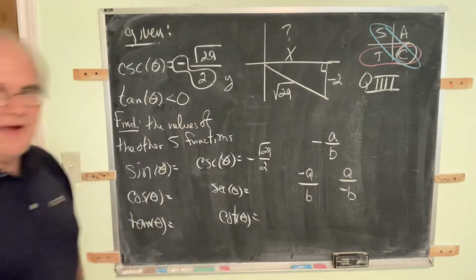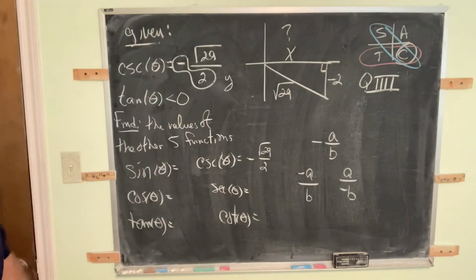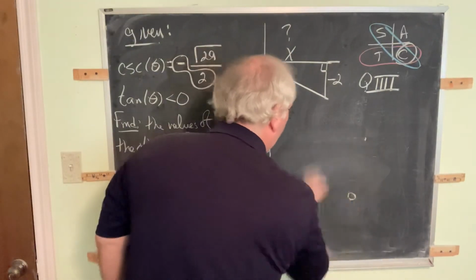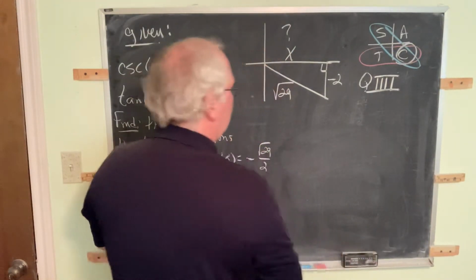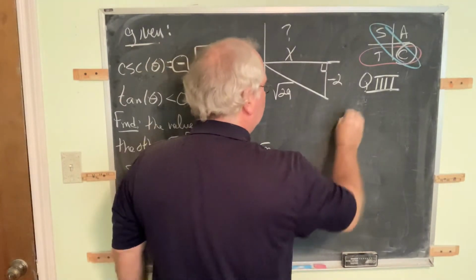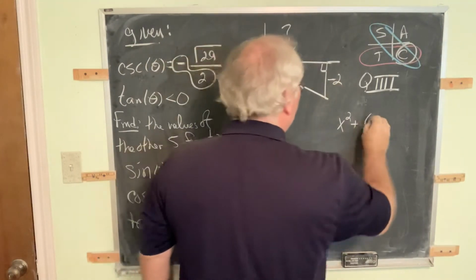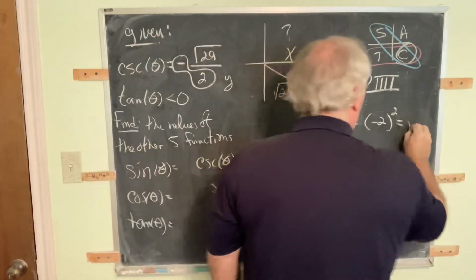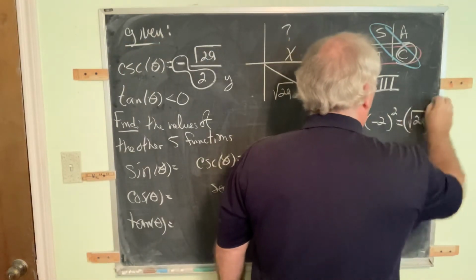The question is, what is the value for x? Well, Pythagoras tells you what that is. Knowing Pythagoras as well as we do, x squared plus negative 2 squared is equal to the square root of 29 squared.